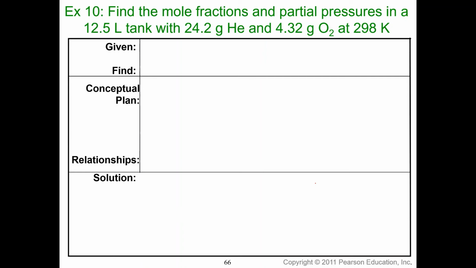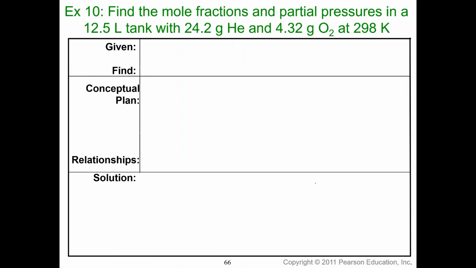What we're trying to find is the mole fraction and partial pressure of oxygen and helium. How can we do that? We need moles, very good. So that means we need to convert those grams to moles.